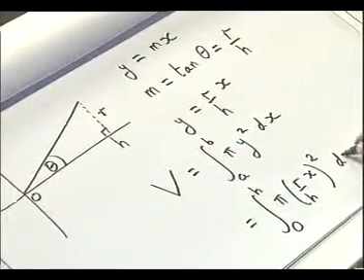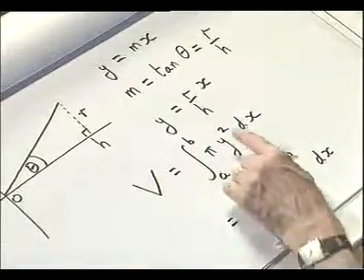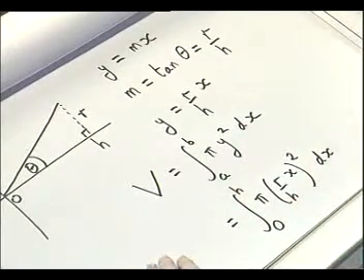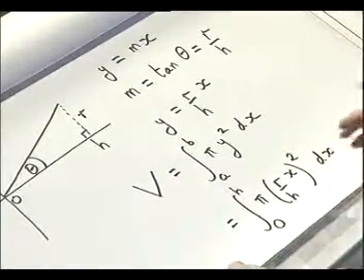And that is to be integrated with respect to x. Do remember to square the y. It's a very common error just to put in y and then integrate it without squaring first. Okay, turn over the page, and as we do so, we're going to write down what we've got here to integrate.